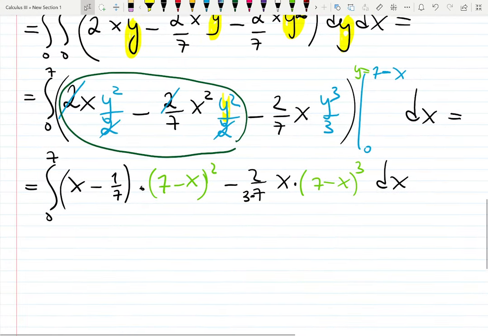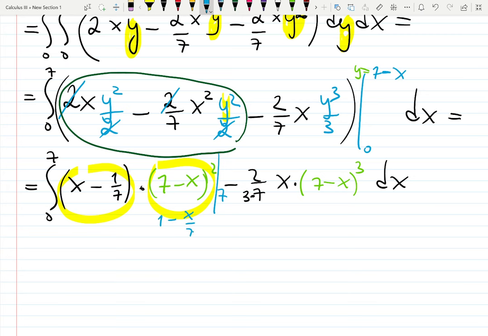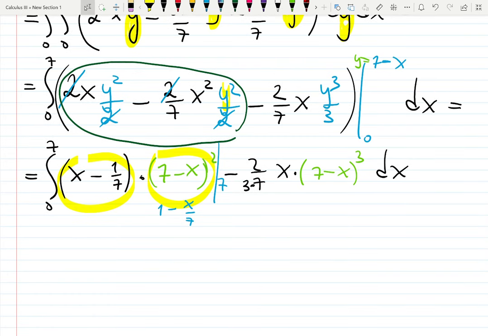Aren't those two terms the same if I factor out something? Yeah. If I divide the green part by 7, it becomes 1 minus x over 7, right? Inside of the square, of course. So either I multiply the first one by 7, which may be even better. Let's multiply the first one by 7.